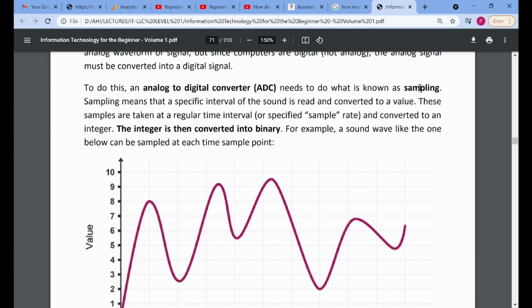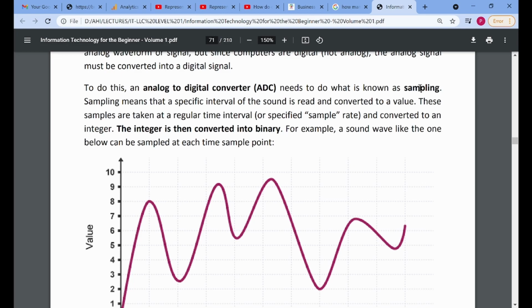The ADC does simple recordings. Now, when I say recording, I'm just talking about writing. Listen to me. Or, let me put it this way. The ADC does simple measurements and records the measurement it gets.